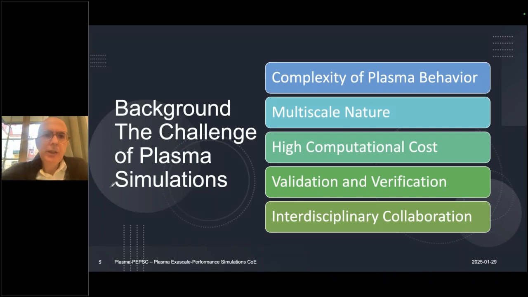So why do we need an Exascale system? Why is plasma simulation so difficult? Well, the first motivation is really the complexity of the plasma behavior. As I said in the second slide, the plasma behaves like a complex system and shows complex behavior.